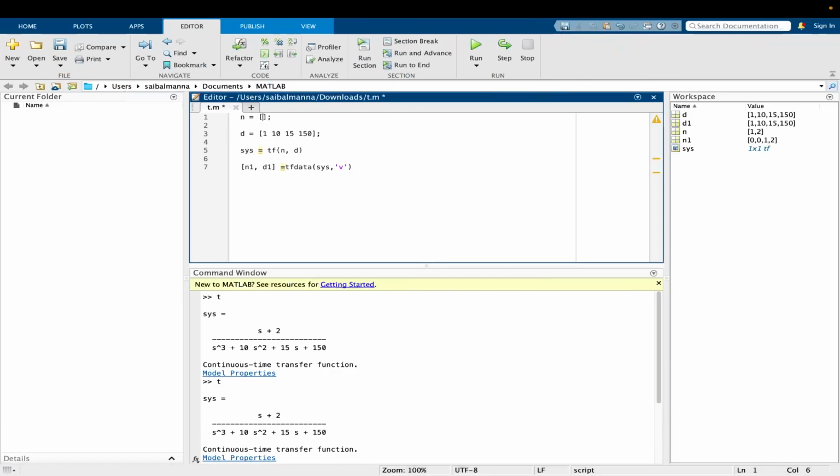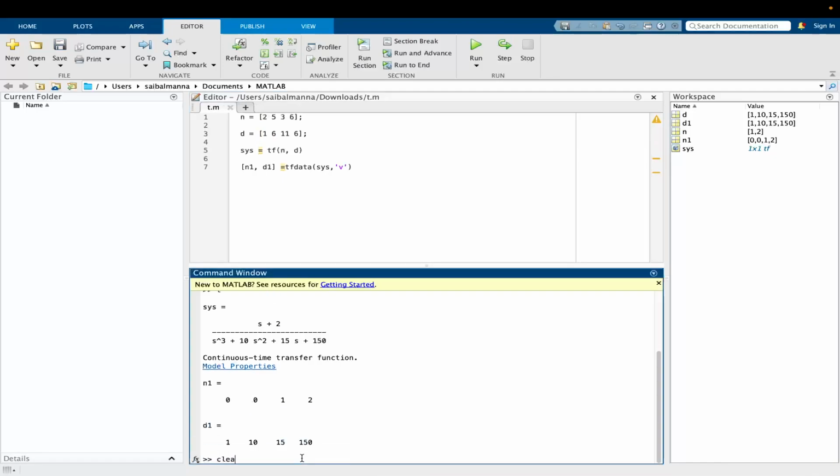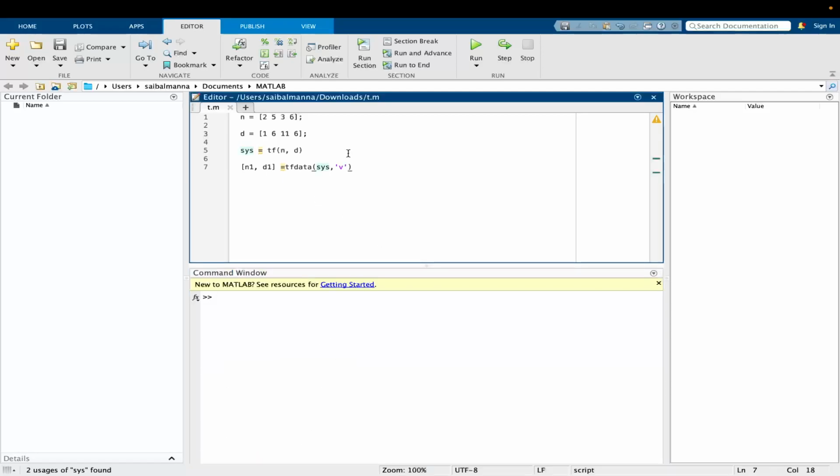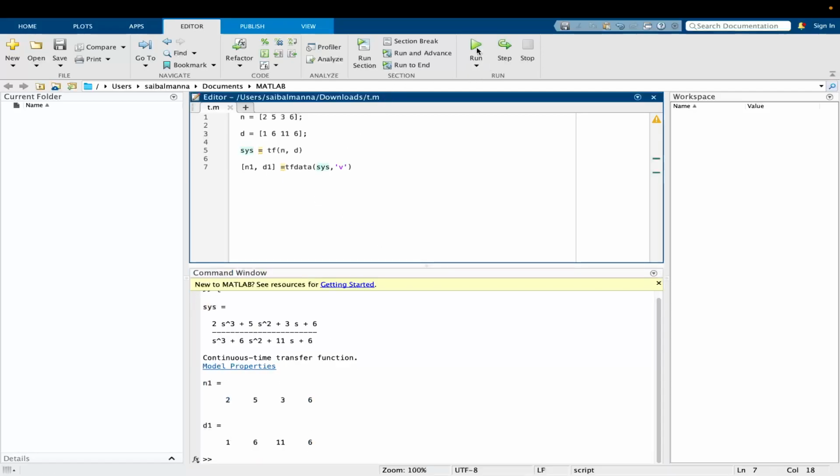The numerator coefficients are 2, 5, 3 and 6, and for the denominator coefficients it will be 1, 6, 11 and 6. Okay, and the rest are the same. So I'm running the program.